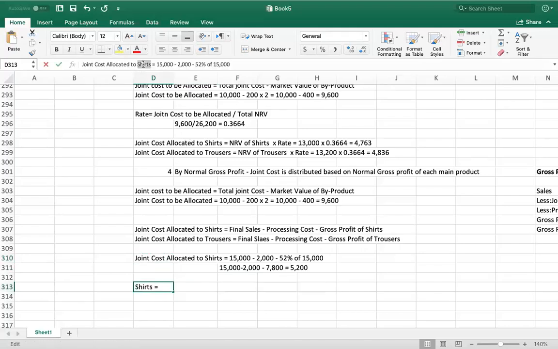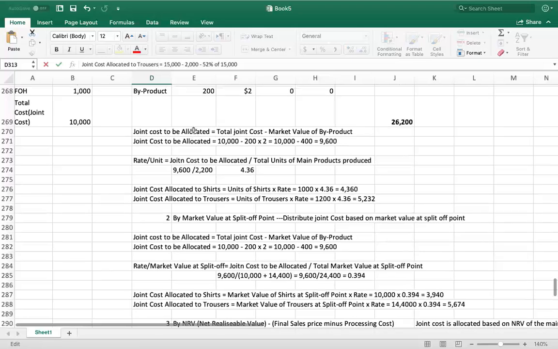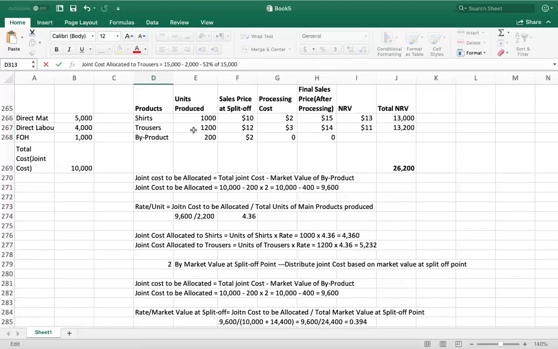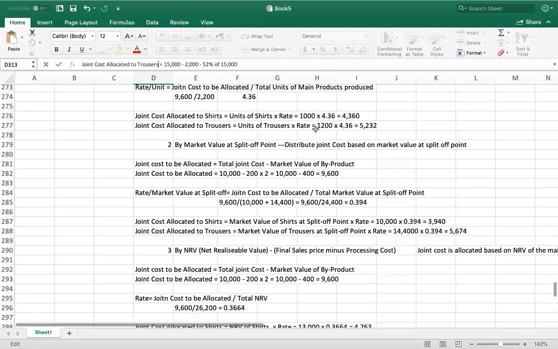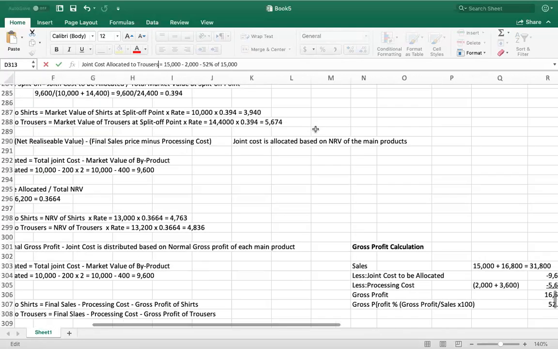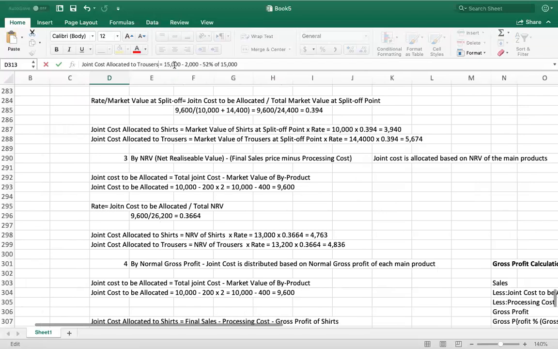In the same way you can calculate the value for trousers. Trousers final sales value is how much? 1,200 multiplied by 14. How much does it become? 16,800. So it is 16,800 minus processing cost.